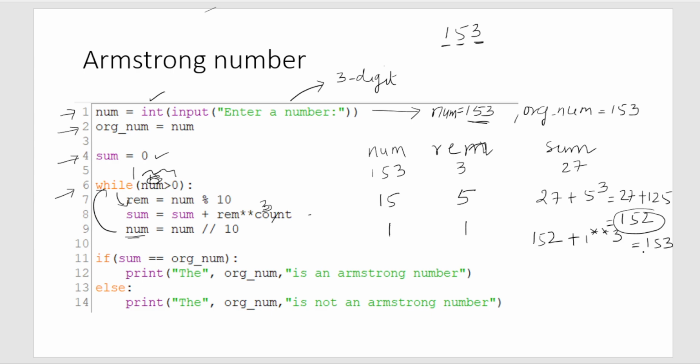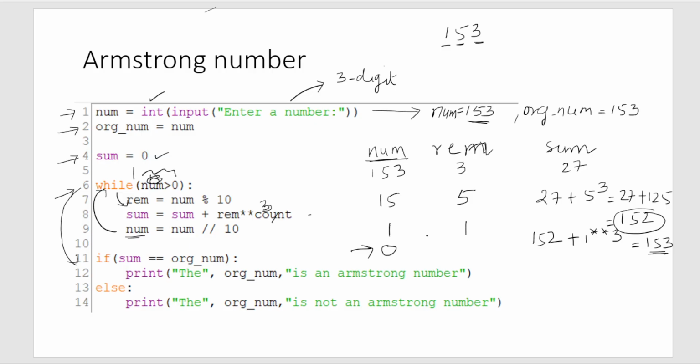Then when we do 1 floor division by 10, the number becomes 0. It goes up again and says 0 is more than 0, the condition becomes false. At this time the control will reach line number 11. So the sum we have is 153, and the value of num that we have is 0.